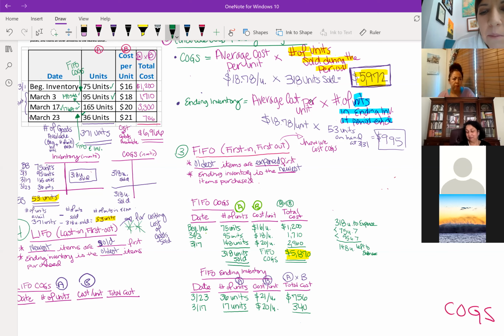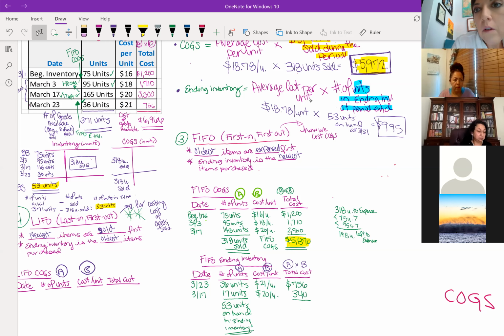So we're going to add up 36 units plus 17 units. And how much should this equal? This needs to equal 53 units on hand in ending inventory. Is 36 units plus 17 units 53 units?